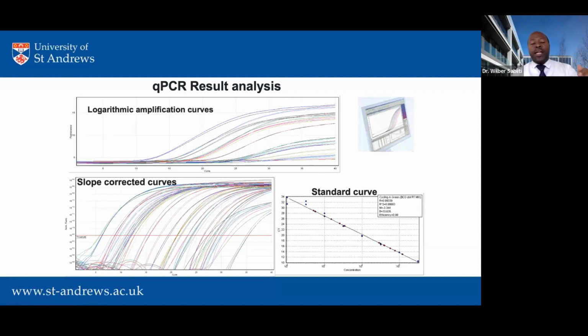If the threshold line is lower, you're likely to lose specificity by picking up the background amplification. And if the threshold line is too high, it's going to compromise sensitivity by losing some of those low bacterial load samples. So very important.